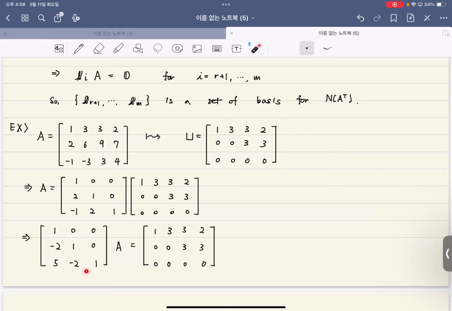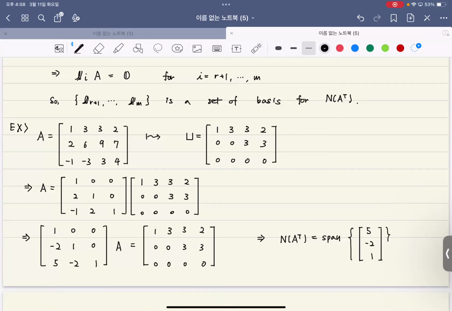So this is the one and only basis vector of the left null space. So the left null space is spanned by (5, -2, 1).